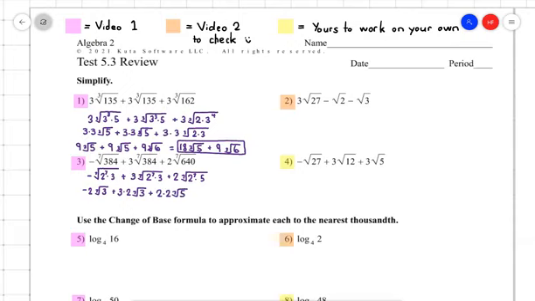Then again, I'm going to multiply out any numbers that I need to before I combine. And then we can only combine if they match exactly. So we have 2 of them that have a 7th root of 3, so negative 2 plus 6 gives me 4 of those. And then the other that we have is a 7th root of 5, which does not match, so it'll stay by itself.